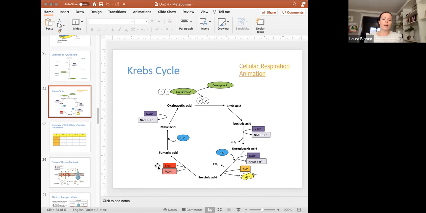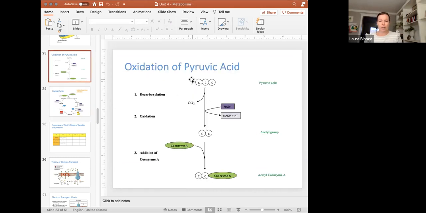And remember, that means that they're being given electrons, hydrogen ions, and energy. There's also a second coenzyme involved here. It's FAD. So that one's also getting reduced. Same thing's happening. It's being given energy. And these coenzymes are going to store that energy, and they're going to use it at a later time. So keep in mind that in this step, you had 2 molecules of pyruvic acid going through this step.